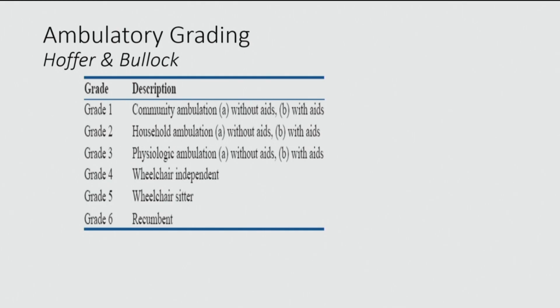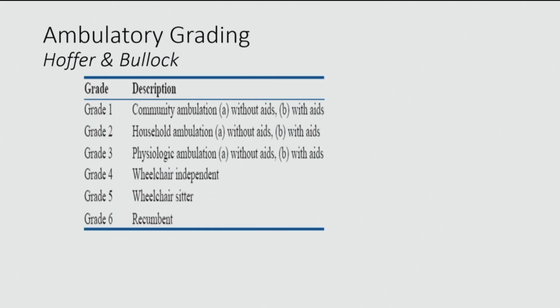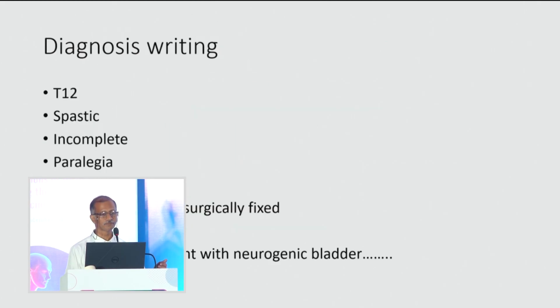Grade 1 is community ambulation, grade 2 is household ambulation, grade 3 is physiological ambulation, grade 4 is wheelchair independent, grade 5 is wheelchair dependent, or let's say assisted wheelchair, and grade 6 is recumbent. So this just gives us an idea of his ambulatory potential.